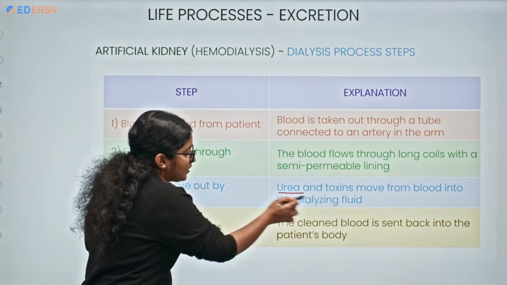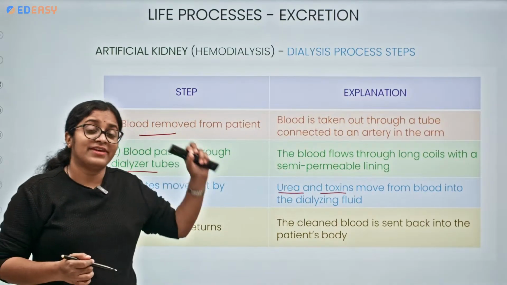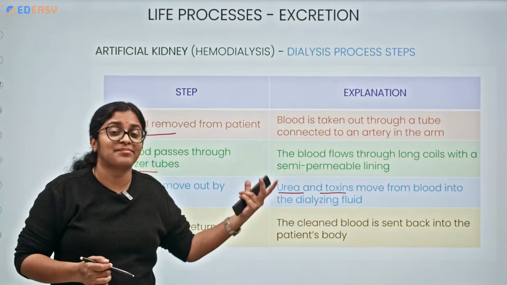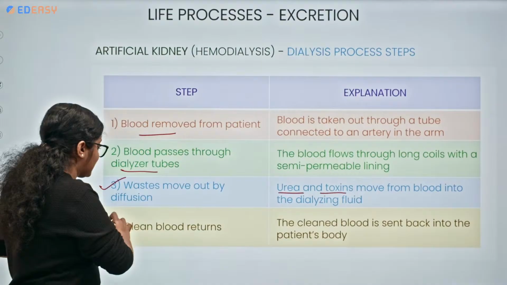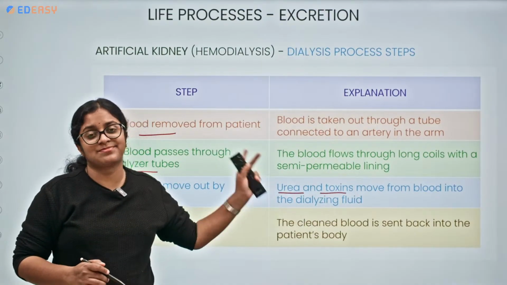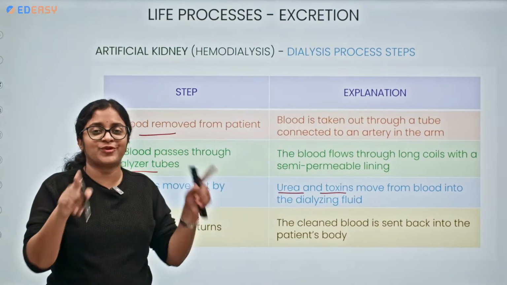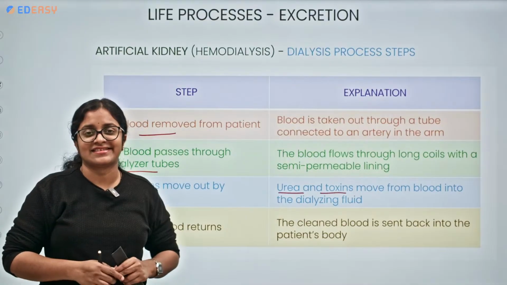Now the urea and toxins will be entering the dialysis fluid. Now we have the cleansed patient's blood. The blood again should be given back to the patient, right? So the clean blood is returning. It is sent back to the patient's body again. So this is what happens with respect to dialysis.